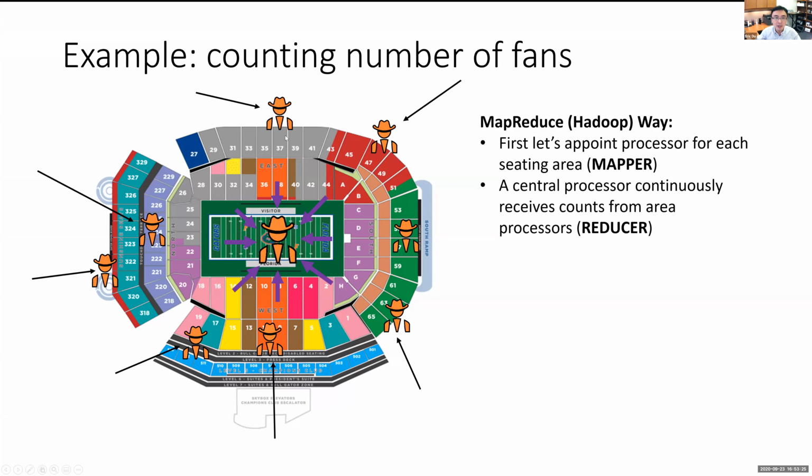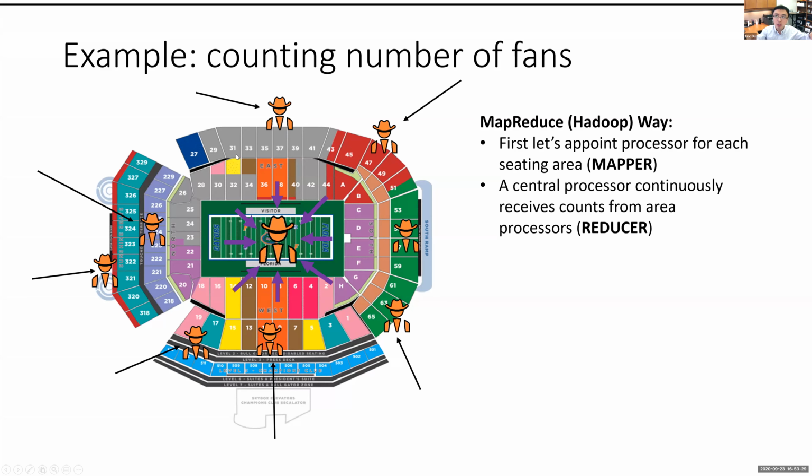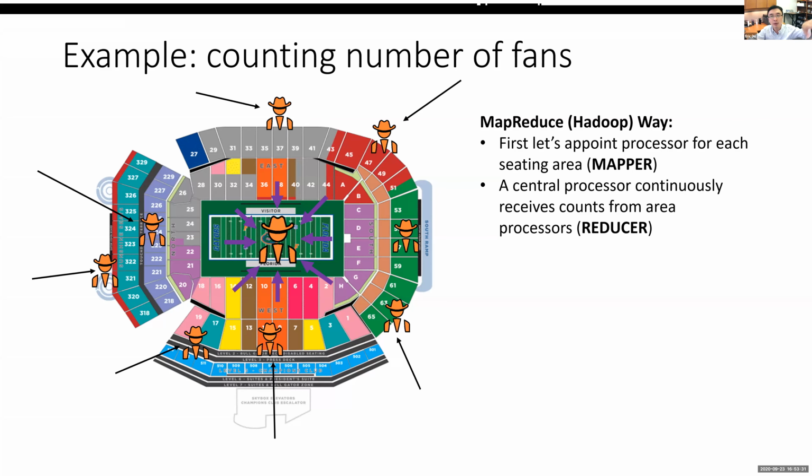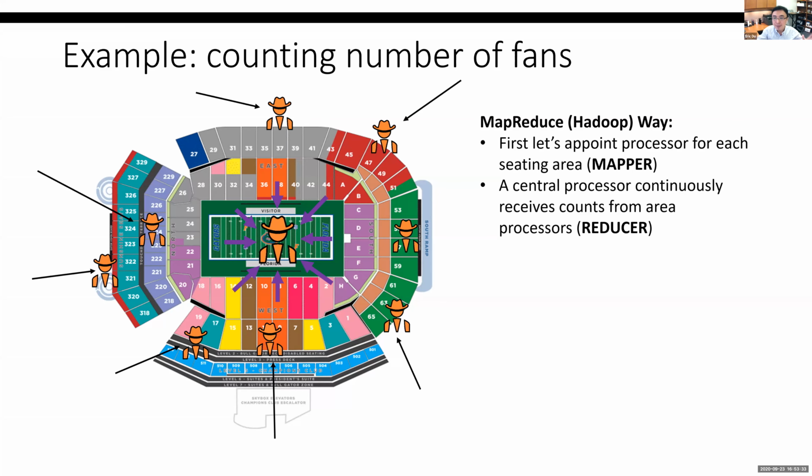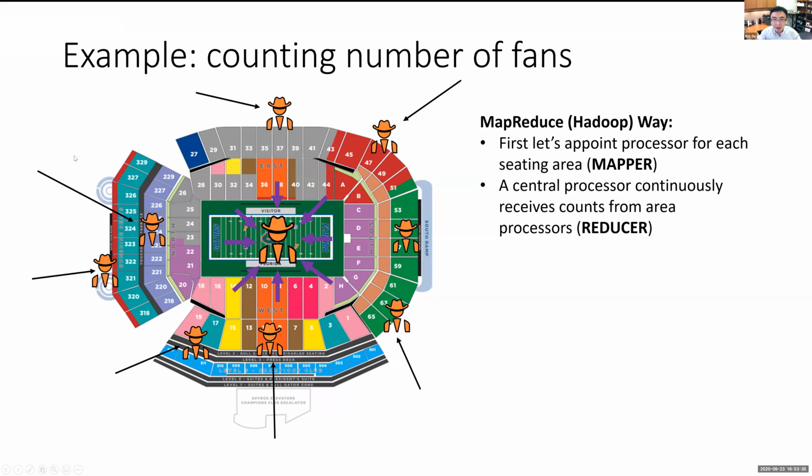The process of appointing them, hey, go to gate 2, gate 3, gate 4, is called mapping. We also have a centralized guy sitting in the middle, continually receiving the aggregated information from each mapper, each gate processor. We call this guy the reducer.